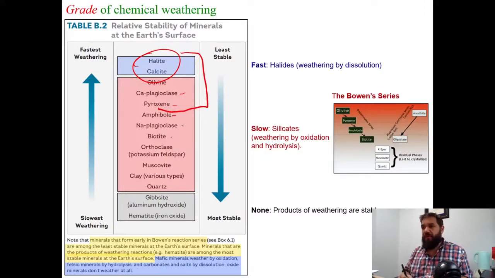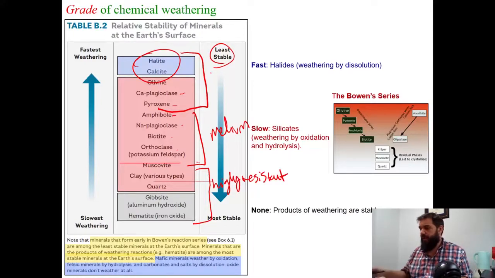Amphibole, sodium plagioclase, biotite, orthoclase feldspar, muscovite, these are kind of medium. And these are, what's a good word, I guess just least stable. And then clay, quartz, gibbsite, I hardly talk about gibbsite, hematite, iron oxide, these are highly resistant.